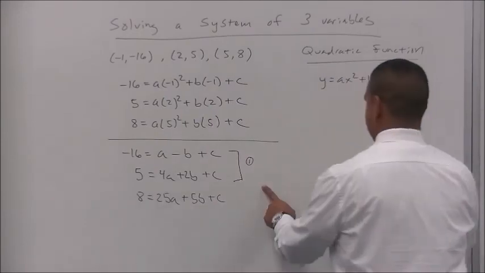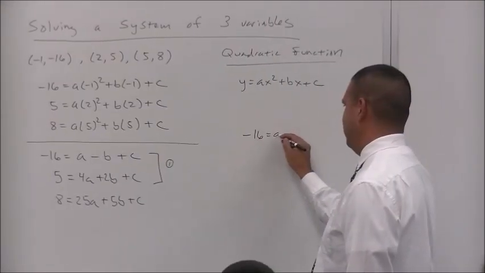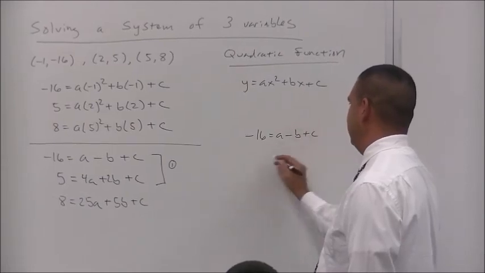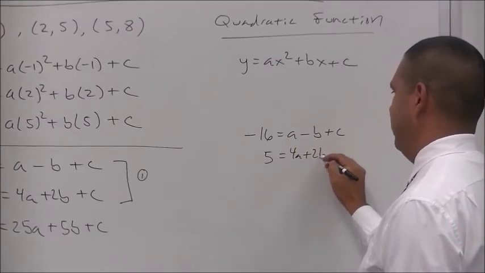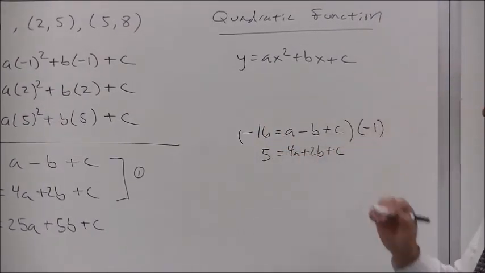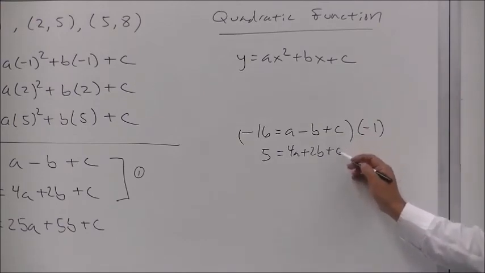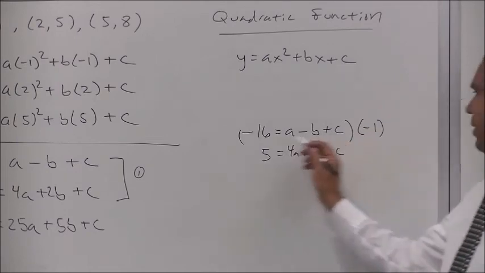So we're gonna have negative 16 equals a minus b plus c. And 5 equals 4a plus 2b plus c. I'm going to multiply the top equation by negative 1. If we do that, it creates opposites in the c variable, right? Everyone okay with that?